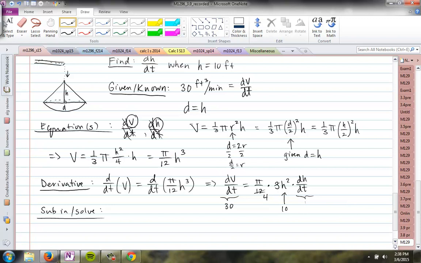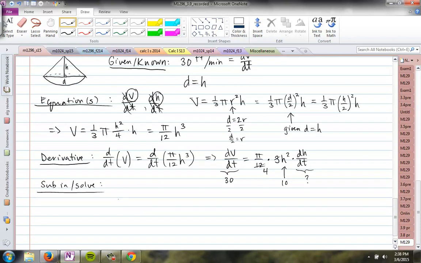And we're trying to find dh over dt, so the fact that we don't know it is a good thing. So when we sub in, we get 30 equals pi over 4, so reduced to a constant, and then we have times 10 squared, all that times dh over dt. So we just solve for dh over dt, and we'll call it a day.